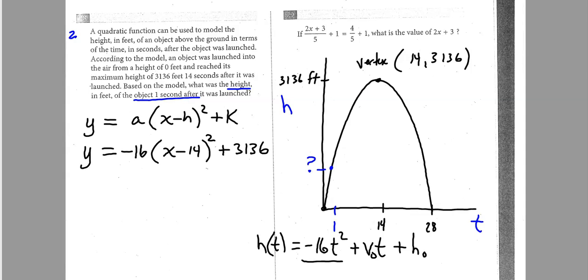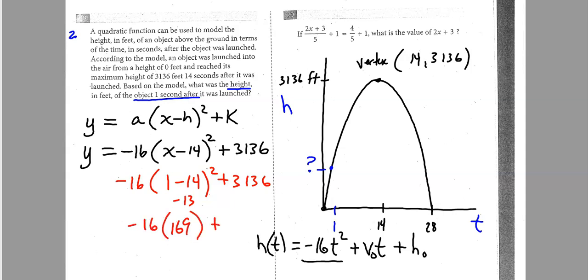And now since I have pretty much the whole equation, I have the gravity in the front and the vertex form, I believe I can just stick 1 in there for x or for t and figure out what it is. So -16 times, at 1 second, and this should calculate the feet for me. So 1 minus 14 is -13, squared, well, that's 169. So -16 times 169 plus 3136.